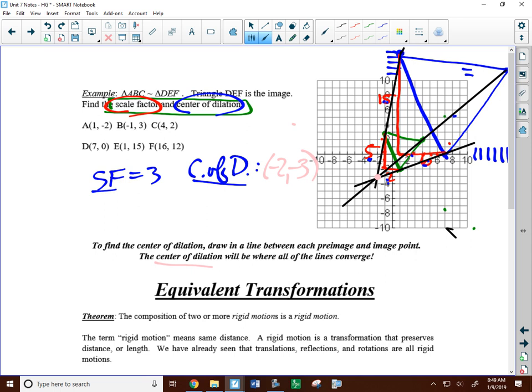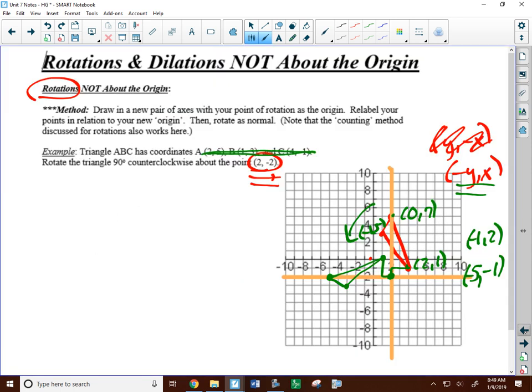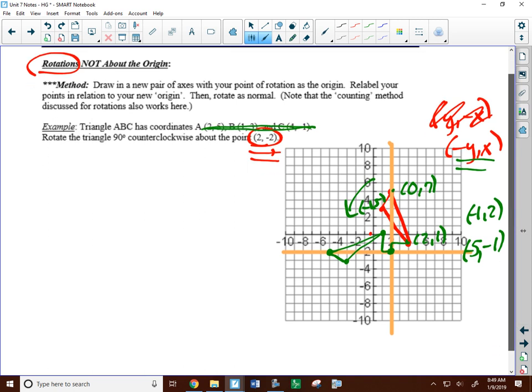Anything else I can answer on rotating, dilating, not around the origin? Let's do a quick 1-minute recap. So rotating, not around the origin. I only told you one method. Basically, you got to draw new axes. Go to the point, draw new axes, relabel the other points, rotate as normal.